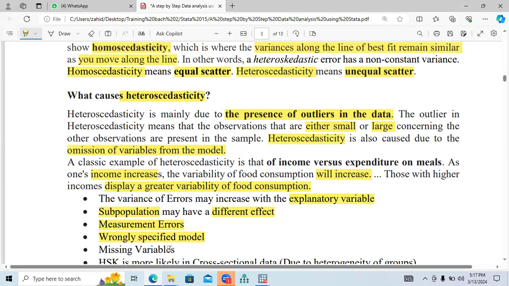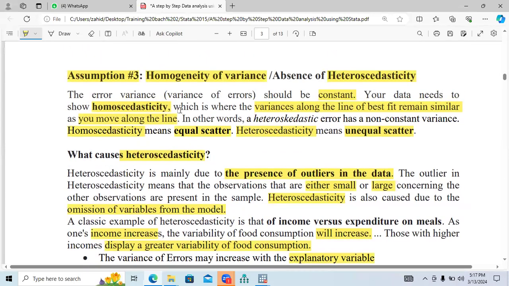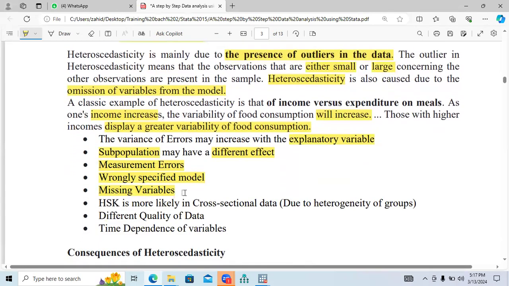If you have wrongly specified your model, heteroscedasticity may occur. Similarly, missing variables: as I have told you, sometimes you may omit some important variable from the model that should be included here. If you miss some important variable, heteroscedasticity may arise.